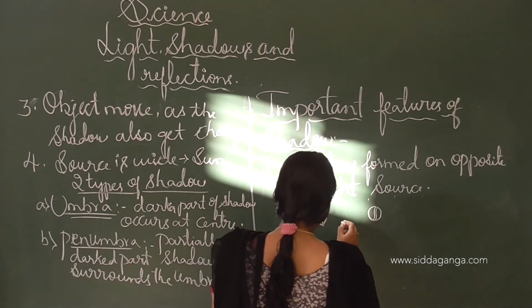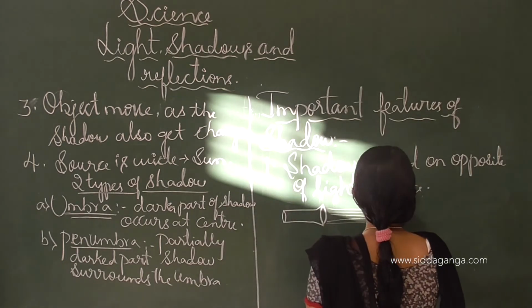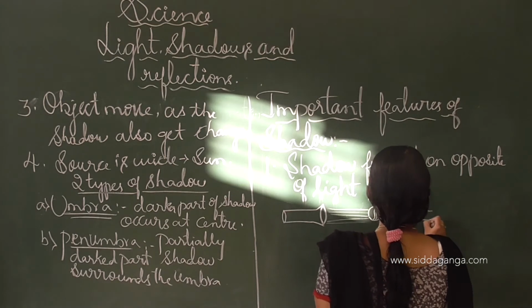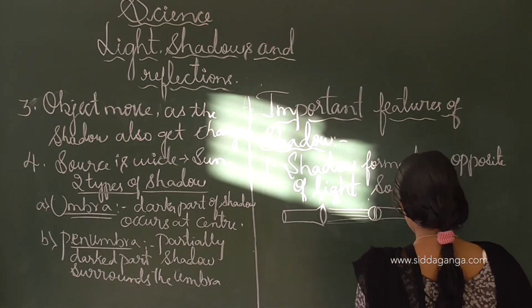Here the rays of the torch fall on a particular ball, and later at the center of the ball there is an umbra stage.